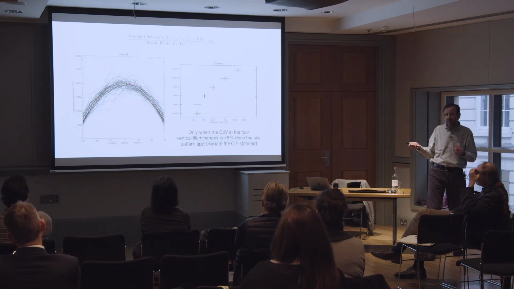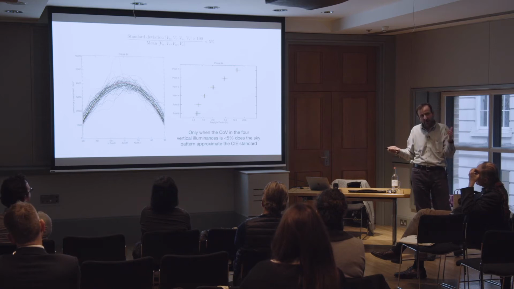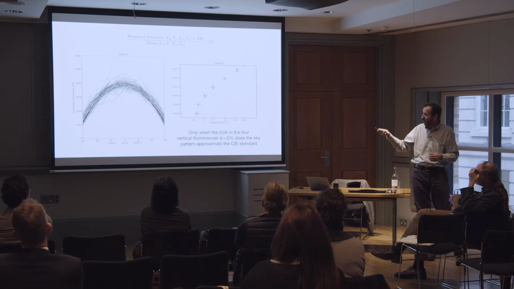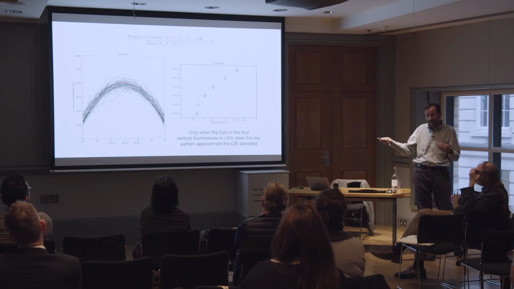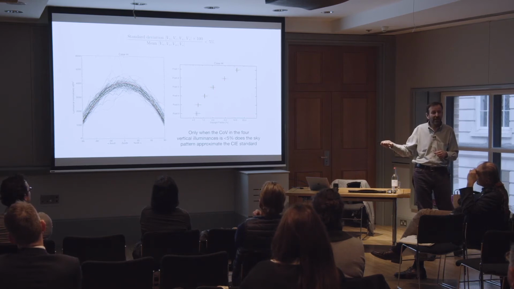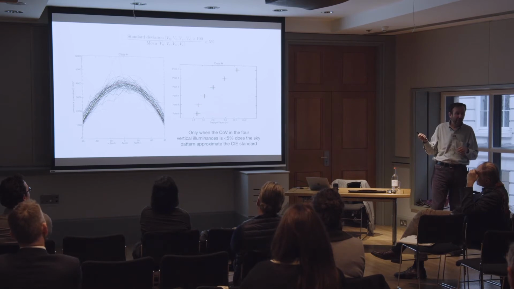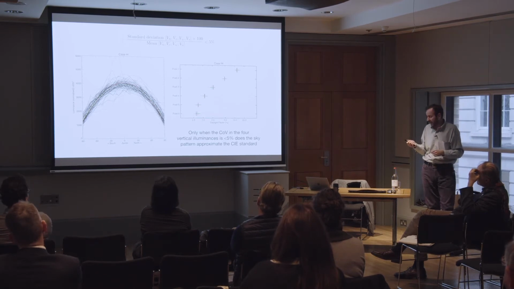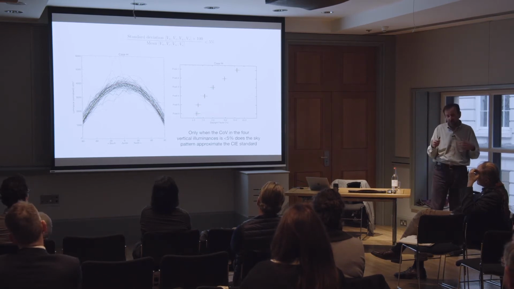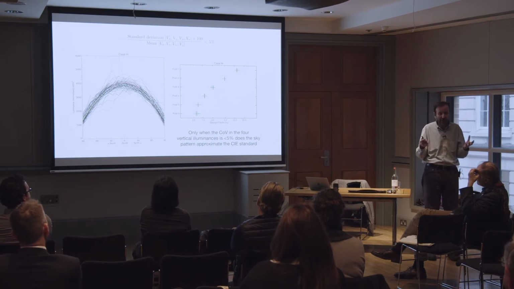It's only if you have access to the 4 vertical illuminance values, and the coefficient of variation between those 4 is very low, less than 5%, that you actually get close to guaranteeing your skies conform to the CIE overcast sky. So the short version is that real overcast skies are predominantly not like the CIE overcast.